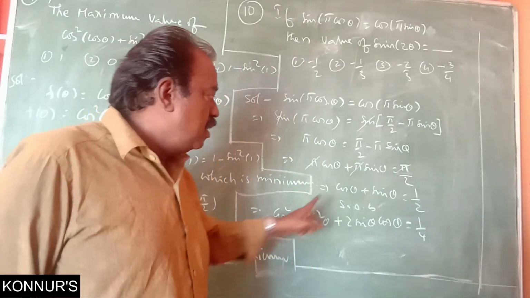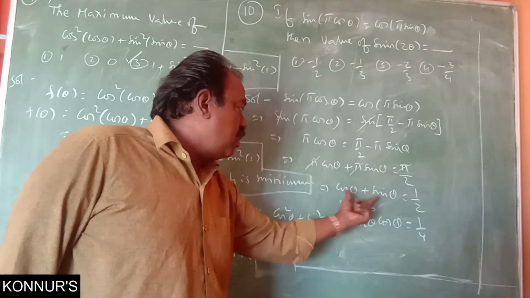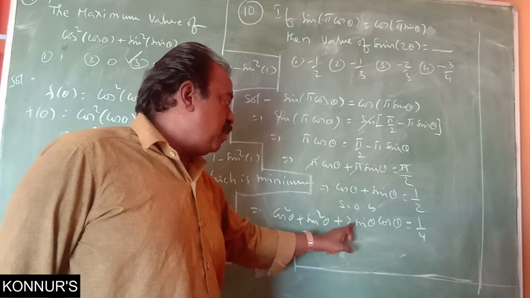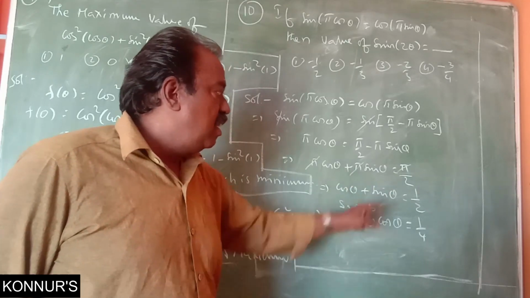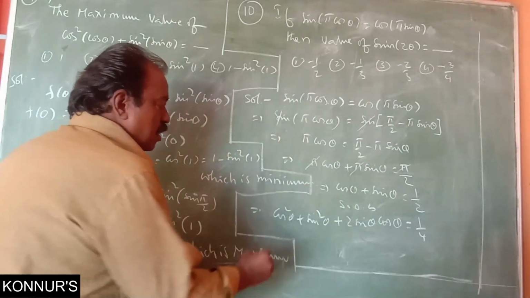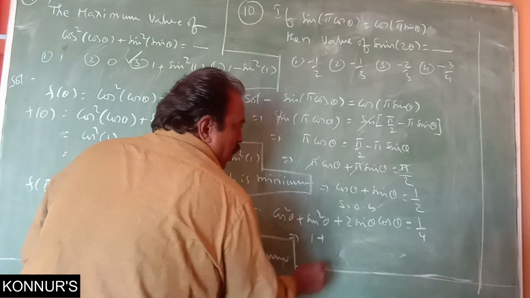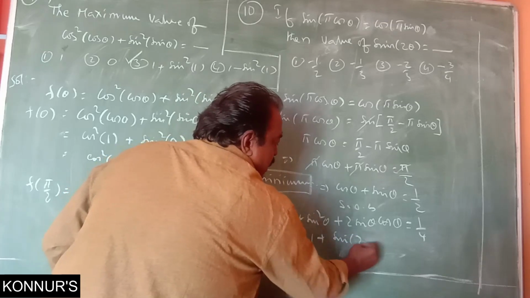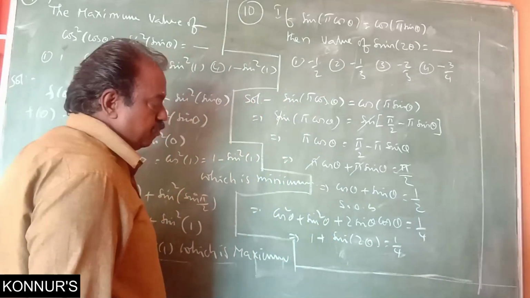Try to understand. Cos theta plus sin theta, I am making square on both sides. A plus b whole square is a square plus b square plus 2ab. On the RHS, 1 by 2 whole square is 1 by 4. Cos square theta plus sin square theta is 1, plus 2 sin theta cos theta is sin 2 theta, is equal to 1 by 4.